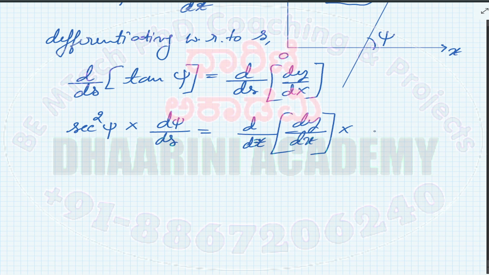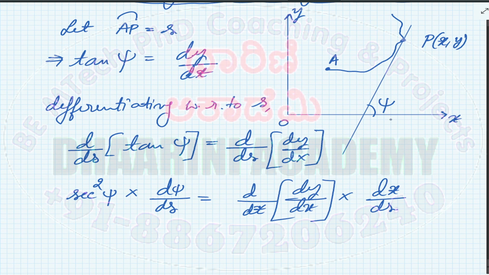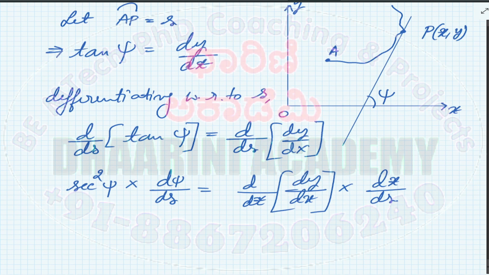Now, dx by ds is the variation of x with respect to s, and from the curve I should understand that the change in x with respect to s becomes the cos function.